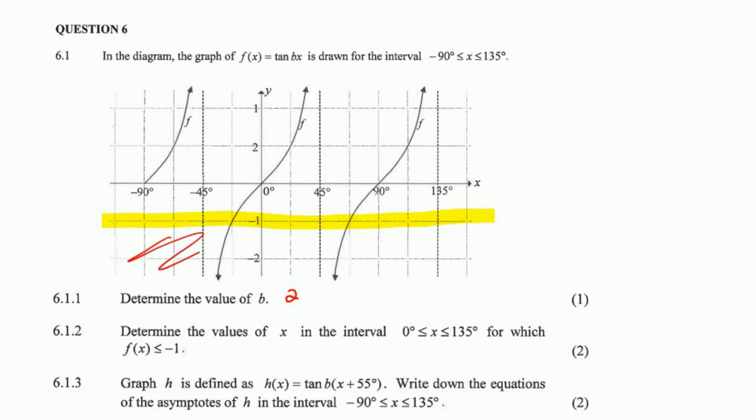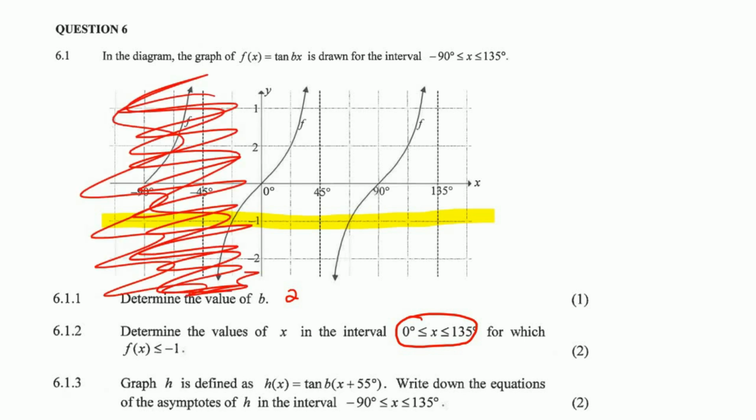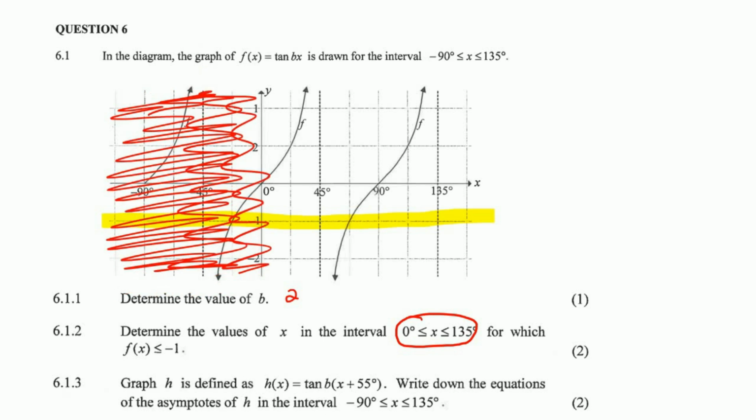So that means this area here. But be careful. They told us that they only want us to look between 0 and 135. So we're not going to look at this area here. They told us to leave that part out. So only looking in this area here now, where is the graph less than -1?